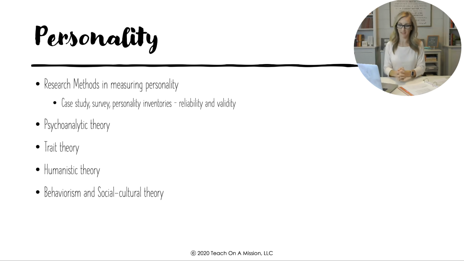Then there's personality. Remember that in research methods, in measuring personality, so understanding case study, survey, and personality inventory, understanding reliability and validity of things like the Thematic Apperception Test and the Big Five or the MMPI, Minnesota Multiphasic Personality Inventory, which is more of like a multiple choice test, and it's an objective personality test.